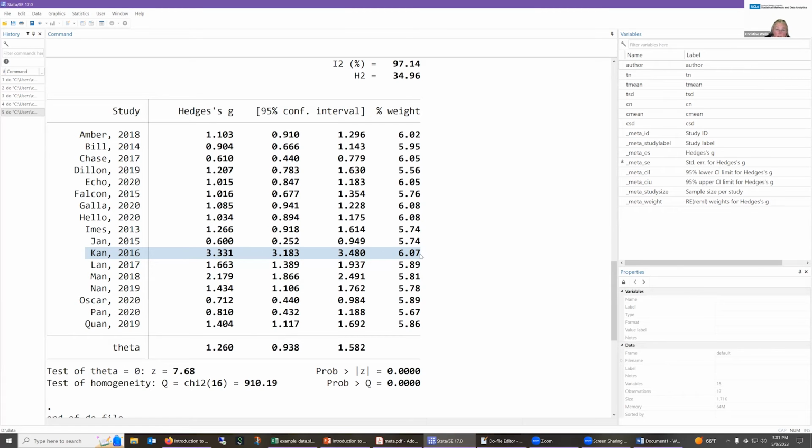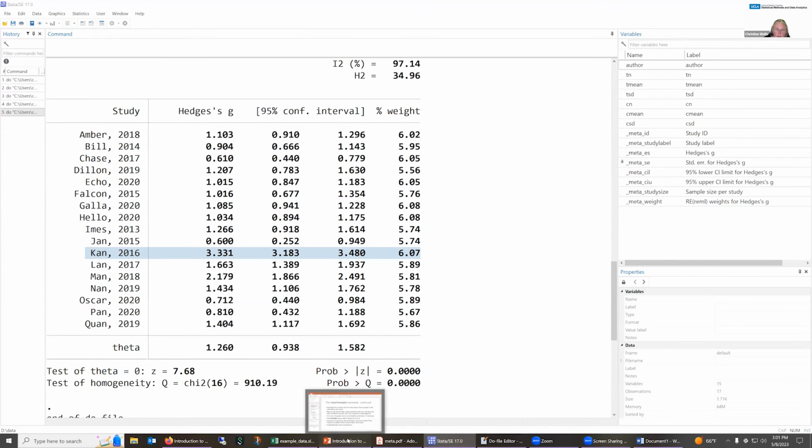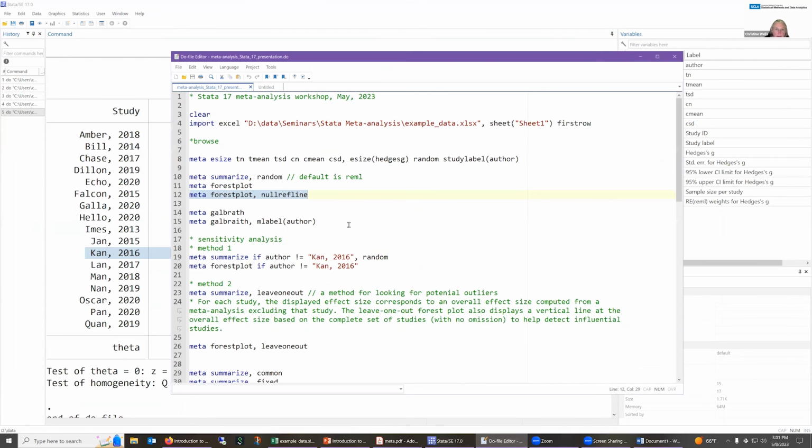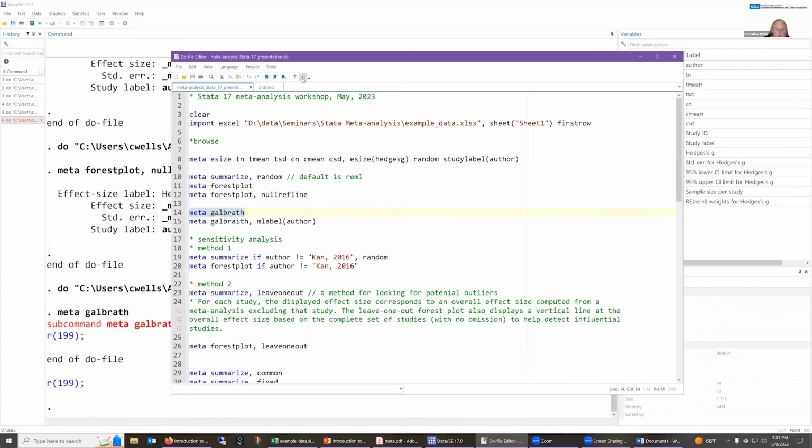Not necessarily a crazy high weight, because some of these other things are very well estimated, but this is a very high effect size. And you may ask yourself, does that cause a problem? So a Galbraith plot can be helpful here. Let me come back to here, and run that.